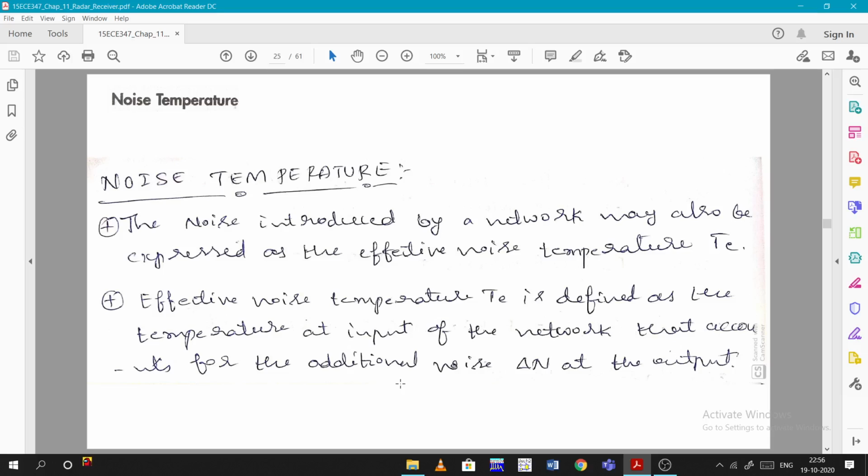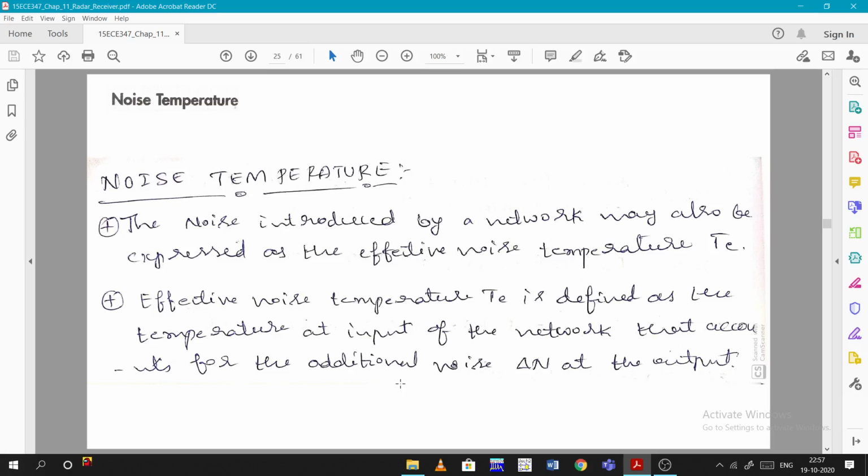Noise temperature. Basically, noise is most often caused by thermal agitation. The noise introduced by a network may also be expressed as the effective noise temperature, that is Te. The effective noise temperature Te is defined as the temperature at the input of the network that accounts for the additional noise ΔN at the output.